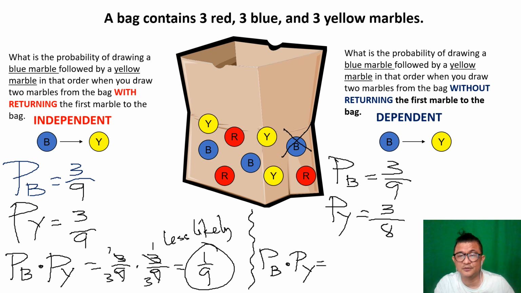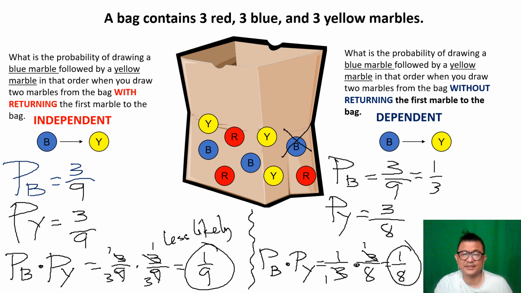So I use my multiplication rule. By the way, we can simplify this as 1/3. So let's use 1/3 for the blue times 3/8 for the yellow. You can cancel that, 1, 1. So 1 out of 8. Okay, so that's it. Again, it is less likely.